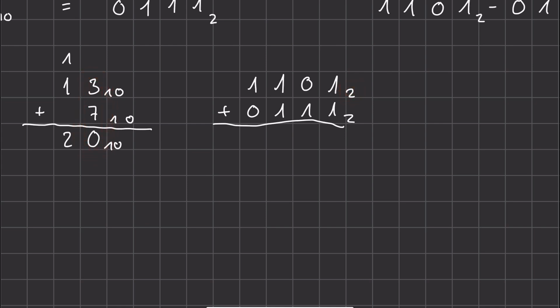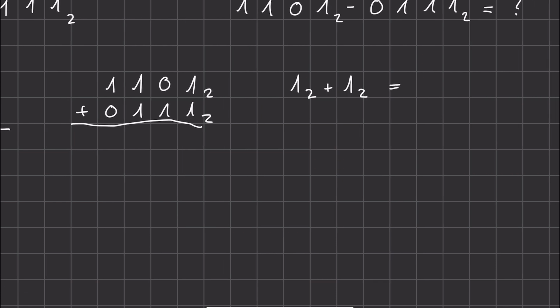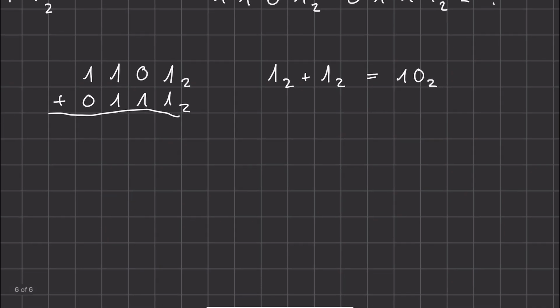So we have our two 1s here, and we know that 1 plus 1 is 2. Now 2 we can't represent, so we treat it as a carry. So 1 plus 1 in binary would be equal to 1, 0, as we cannot store the digit 2 here, and it needs to be carried over to the next position.